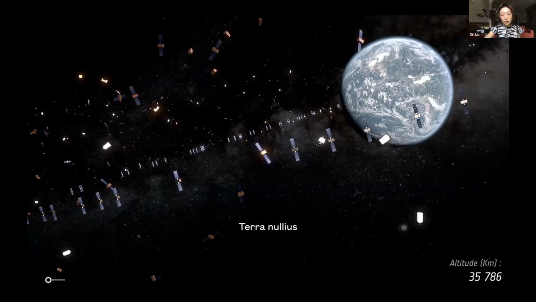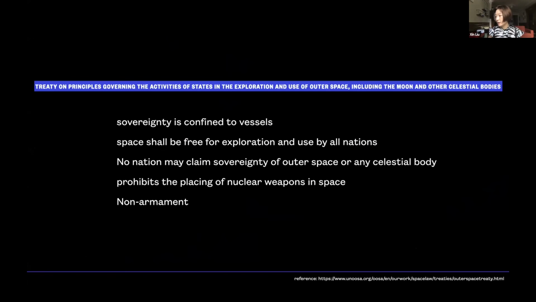However, the treaty governing activity in space exploration does not purely mean everything belongs to everybody; national power still exists, but it is often confined within the vessels. I found that quite interesting because, as we just talked about, as human beings we cannot exist in space solely.